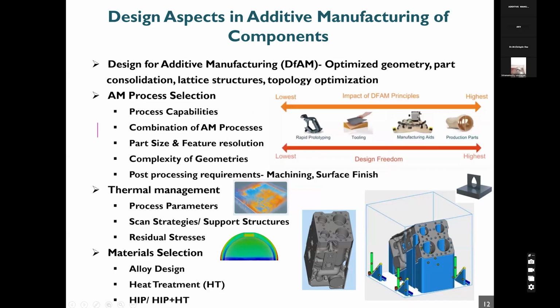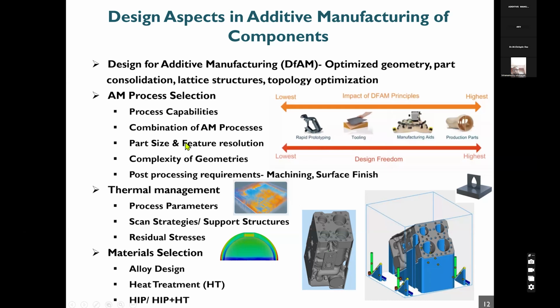So coming to the design aspects in metal additive manufacturing, the first one is design for additive manufacturing, wherein you can have optimized geometries and part consolidation, you can have lattice structures for optimizing the weight, and you can also carry out topology optimization to reduce the weight. Coming to the design aspects in AM process selection, of course, you need to look at various process capabilities.